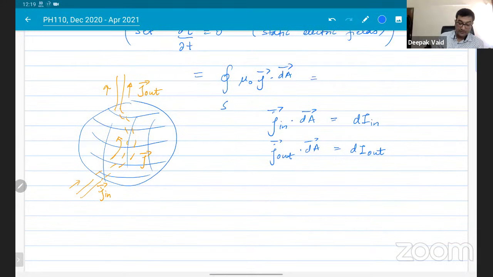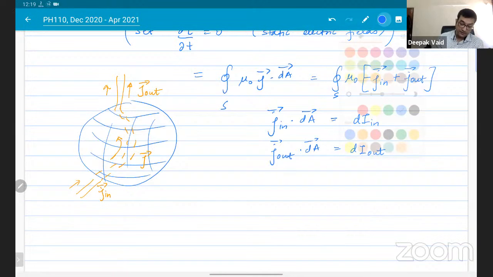So if you look at this integral, I can write this as the sum of mu naught times J in minus J out. Why minus? Sorry, I should say minus J in plus J out, because flux is calculated with the assumption that the normal vector is outward pointing.